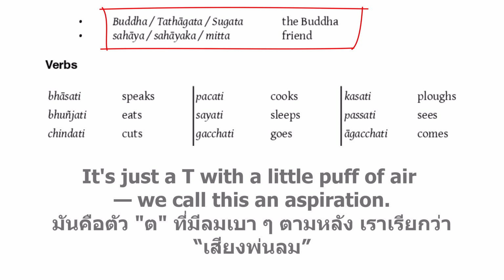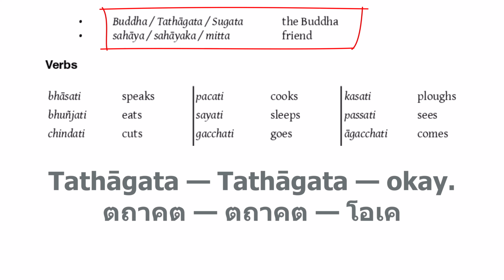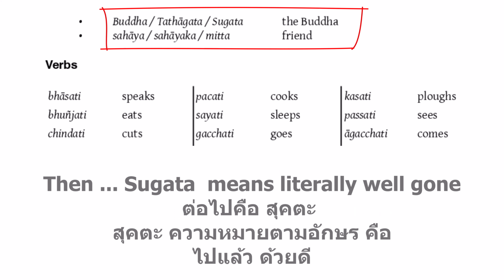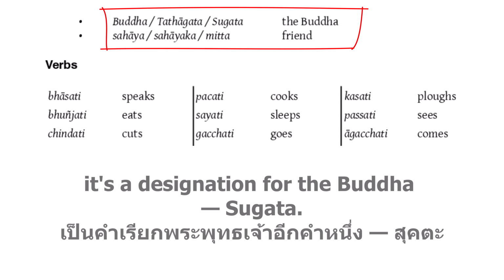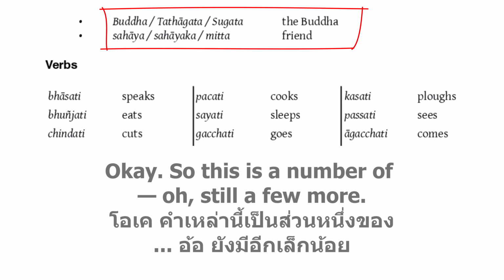We call this an aspiration. Tathagata. Okay, then sugata. Sugata means literally well gone, but it's a designation for the Buddha. Okay, so this is still a few more.